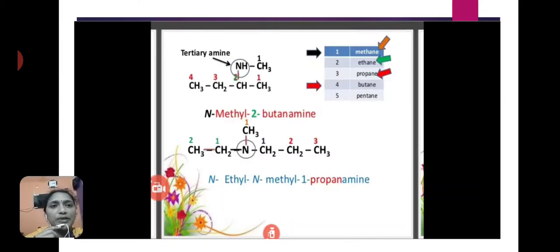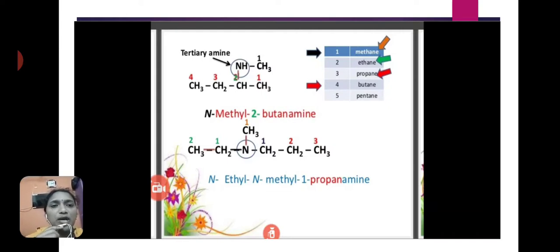Here is an example: an NH amine group is present between two alkyl groups. CH3 CH2 CH NH CH3, with a CH3 on the second carbon. We can give this compound a name like this.